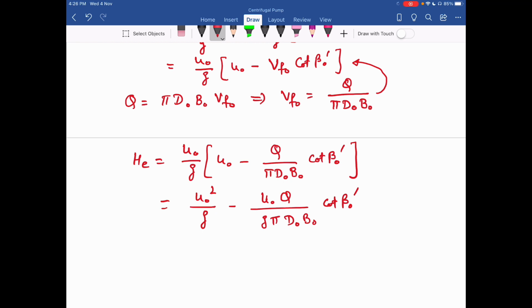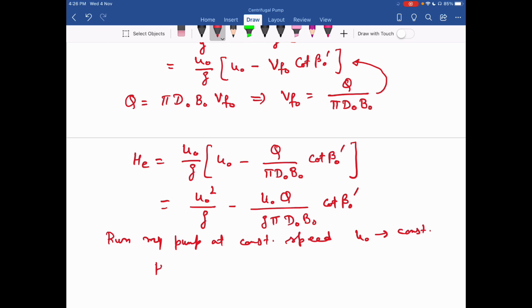Now further, if I run my pump at constant speed, at that very time U_o is constant.